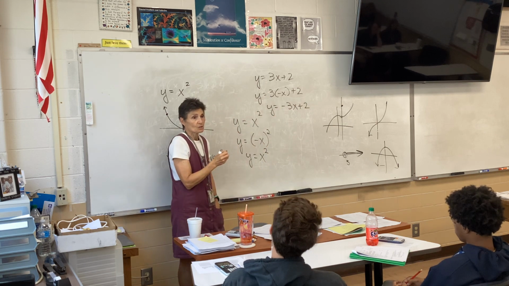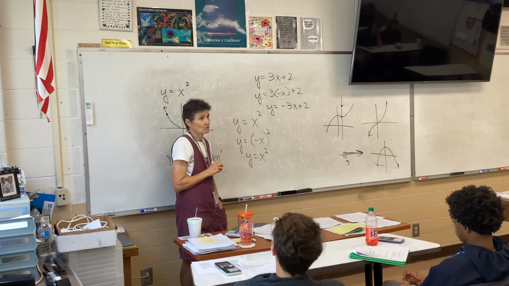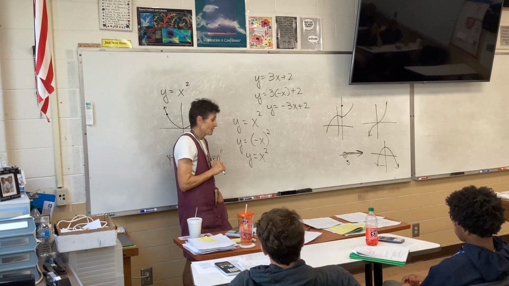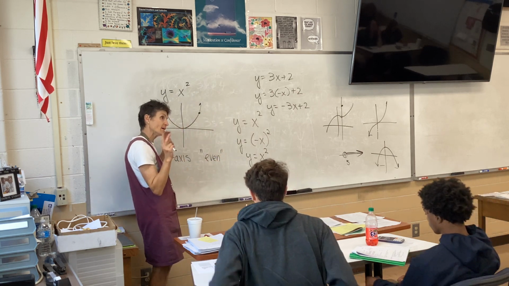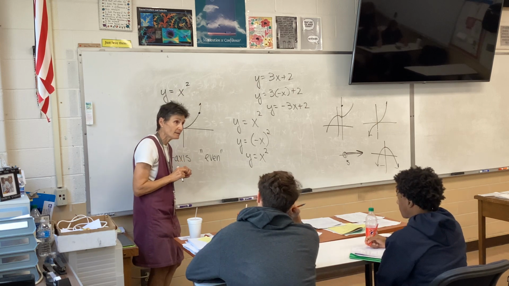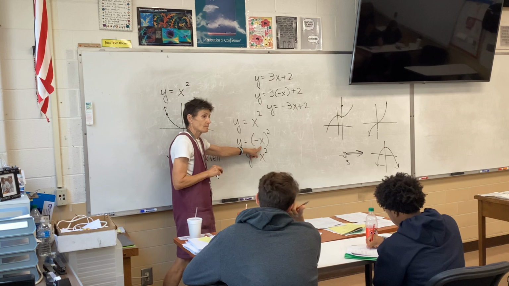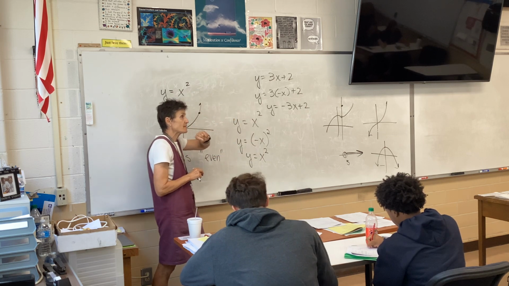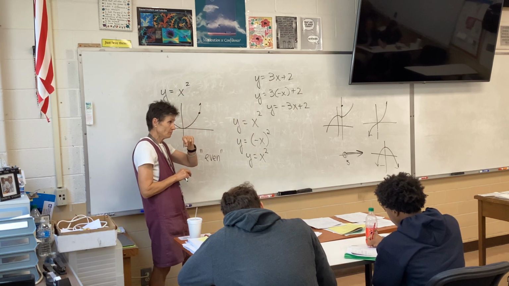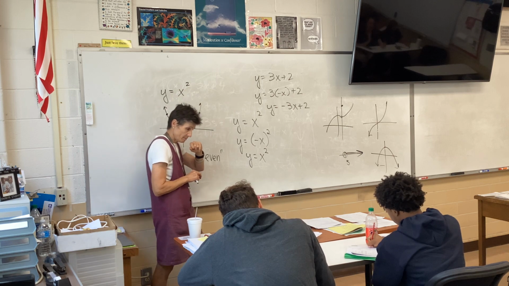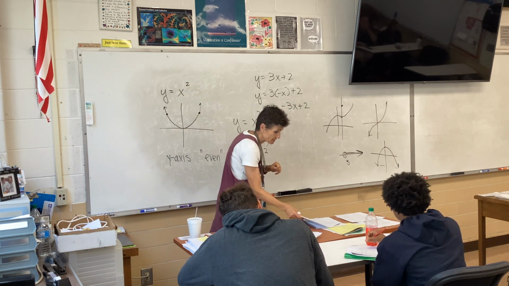No. So that one does not have symmetry about the y-axis. The test for evenness in function land is change the sign on x. If you end up with the same answer, then you are even. Your function is even.